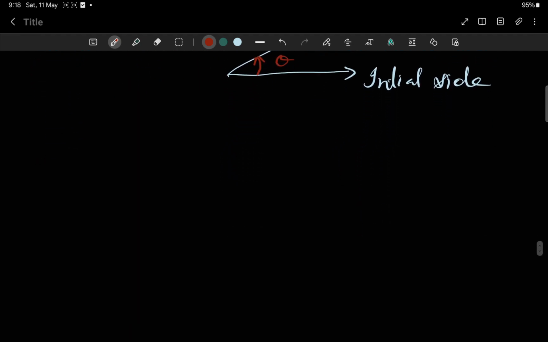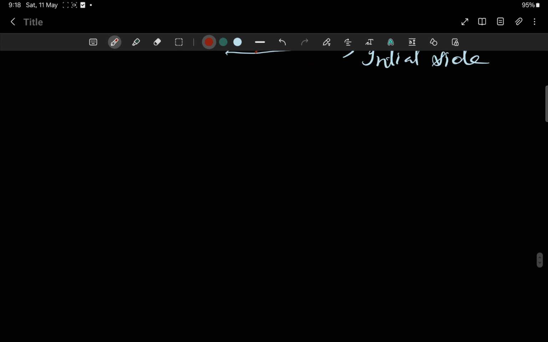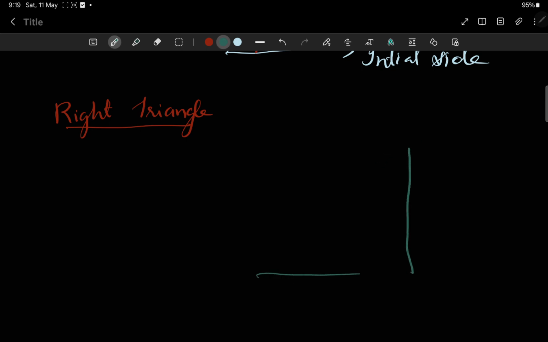So next we need to go into a word known as right triangle. All of you know this, but I am just explaining it once more. A right triangle is a triangle whose one angle is 90 degrees.